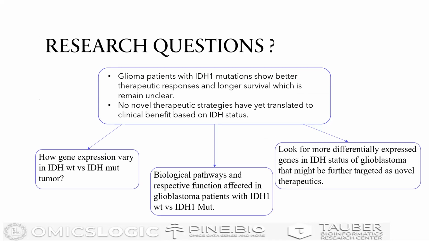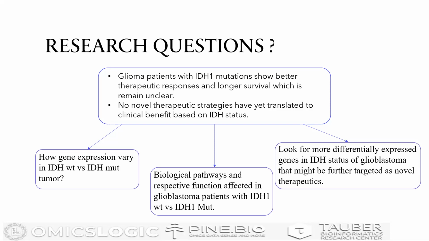On the basis of the literature that I reviewed, I came up with these points. Number 1, glioma patients with IDH1 mutation show better therapeutic responses and longer survival, which remains unclear. Number 2, no novel therapeutic strategies have yet translated to clinical benefits based on IDH status. Based on these points, I designed my hypotheses. Number 1, how gene expression varies in IDH wild type versus IDH mutant tumor.